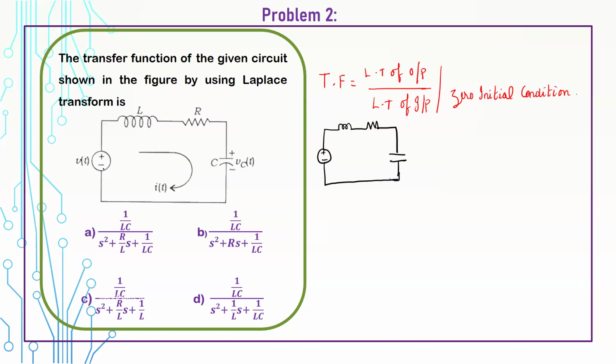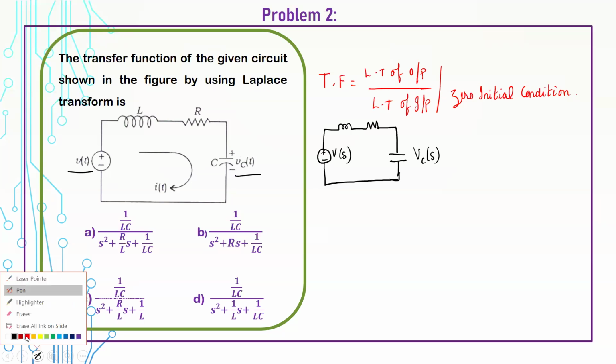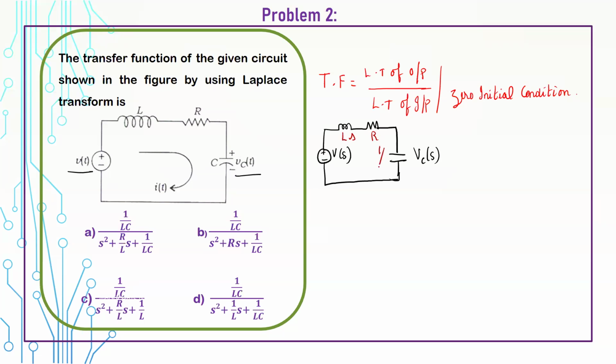Laplace transform of input V of t, we can write that as V of S. And Laplace transform of output Vc of t, we can write that as Vc of S. Okay. And then for the impedance values, for the resistance it will be constant only. And for the inductance, Ls. And for the capacitance, we can write that impedance as 1 by Cs. Okay. So the current value is I of S.